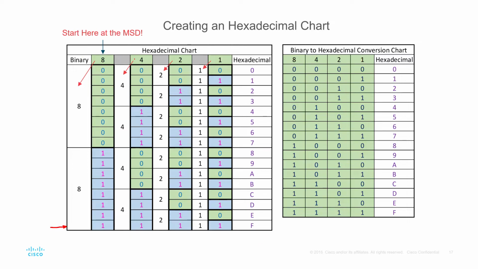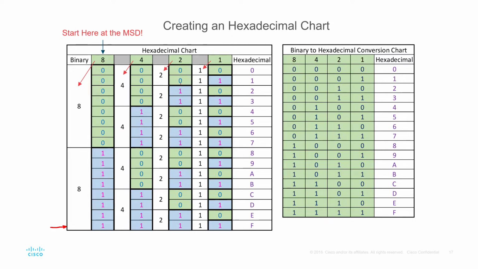We then proceed to the next column. 4 zeros, followed by 4 ones, followed by 4 zeros, followed by 4 ones. And the first column with the 8s already established our ending point, so we stop there.